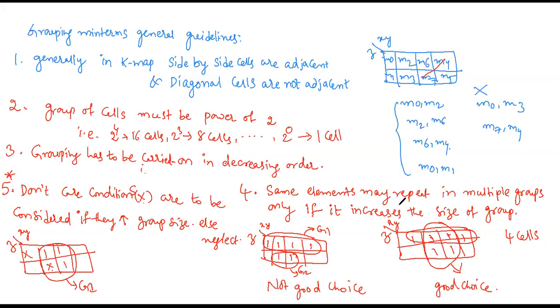Next, the same elements may repeat in multiple groups only if it increases the group size. Otherwise, you should not use those elements. Next, don't care conditions are to be considered if they increase the group size. These are the general guidelines. If you have any doubt, you can ask me.